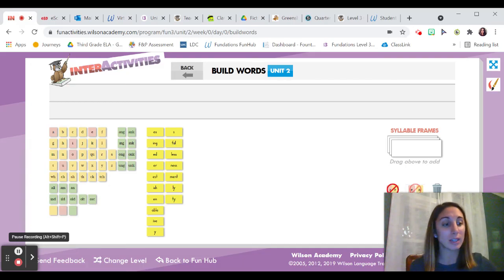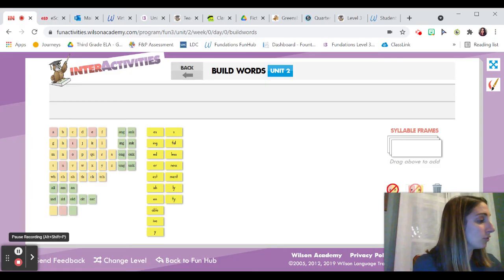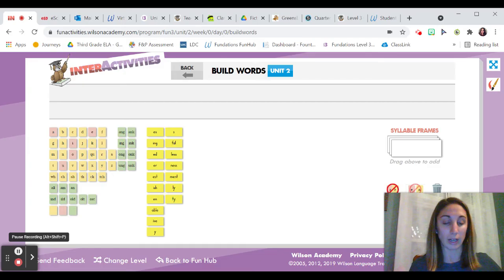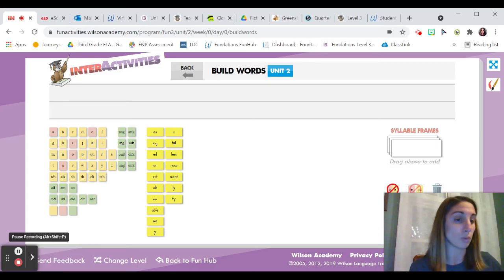Okay, so today during Fundations, we talked a lot about plurals. So in your Castle student notebook, you're going to first flip to the spelling section. You know how your notebook was organized. There are some pages on the side that say spelling. And see if you can find in your spelling section the base word suffix rules.